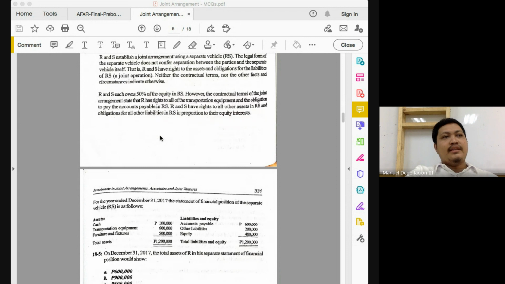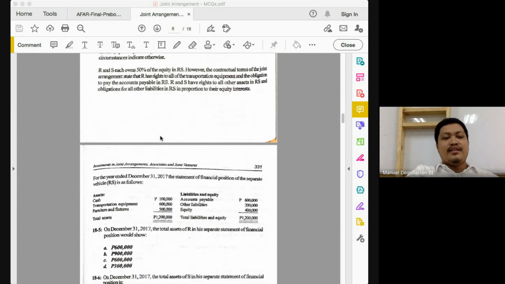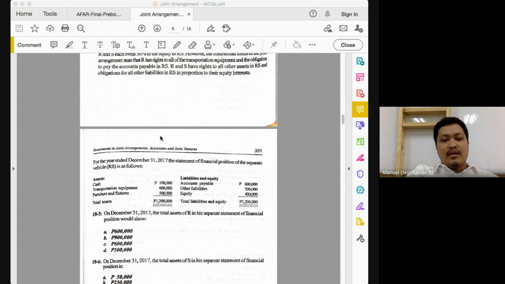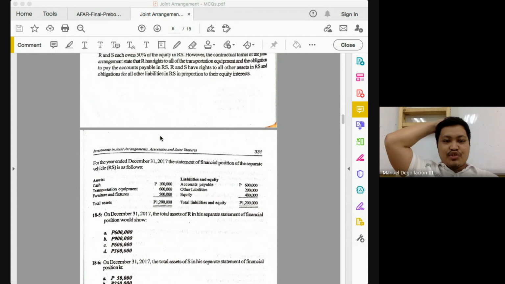So again, remember, class, in a joint operation, its share in the assets and liabilities will be included in its separate financial statements. And that is why in 18-5 and 18-6, you're asked how much would be the total assets that will be included in the separate statement of financial position for R and S.